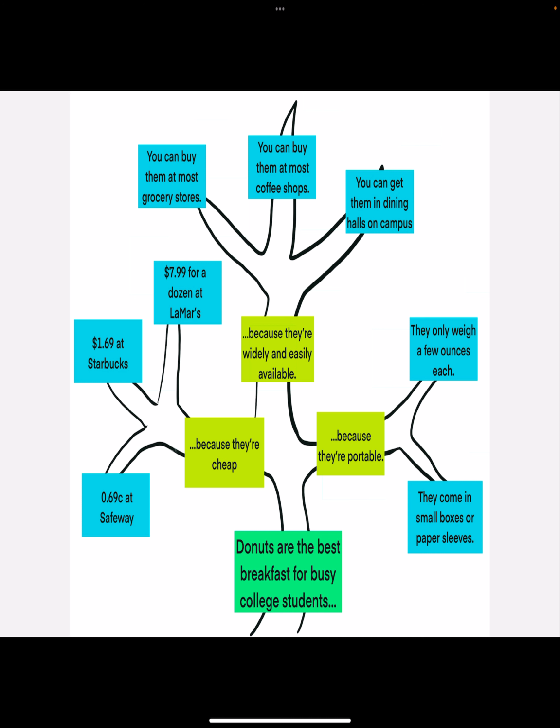And then for the last reason, being portable, right, easy to carry, the evidence being weighing a few ounces, coming in small boxes or paper sleeves. You could even expand that last one to say, because they are so small, they fit in most backpacks, purses, lunch boxes, right? So you're starting to get even more into the details.